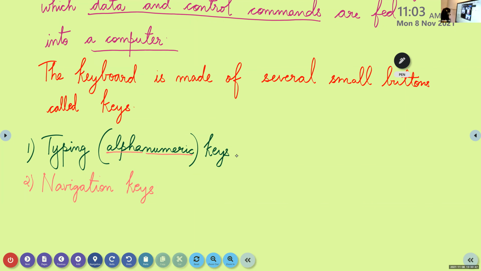Okay. Have you heard of this word navigation before? Yes, some of you have heard. Okay. Have you heard of navigation of ship? When you're in a ship, usually to find out the position, to find out the directions and all, we use the term navigation.